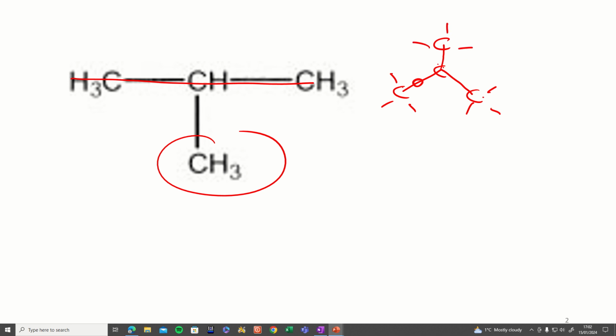If we look at the one in the middle, there are already 3 bonds on it, so there must only be 1 hydrogen. If you cross-reference those 2 structures with each other, you will see that they are exactly the same.